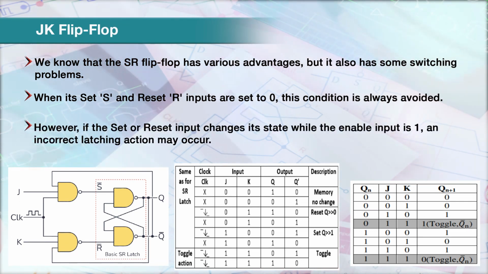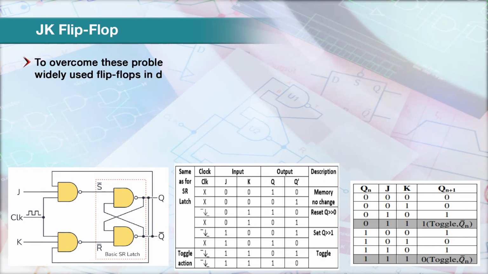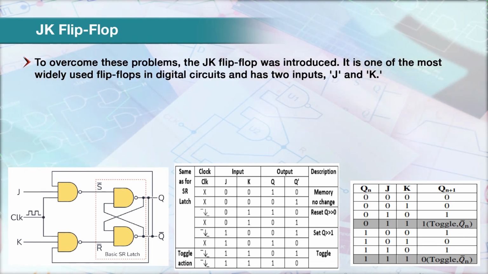However, if the set or reset input changes its state while the enable input is 1, an incorrect latching action may occur. To overcome these problems, the JK flip flop was introduced.